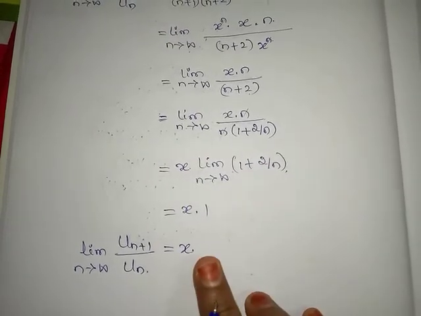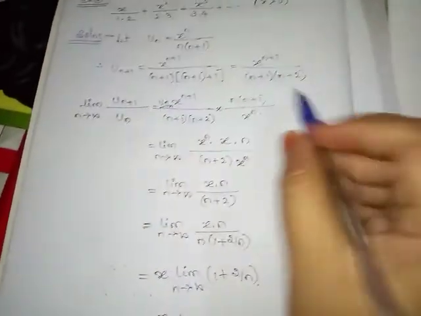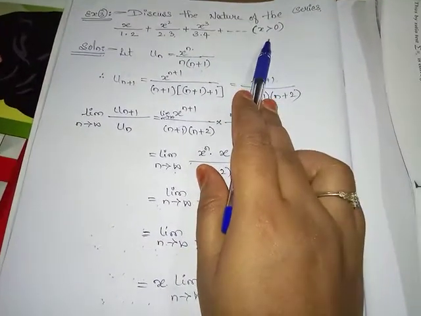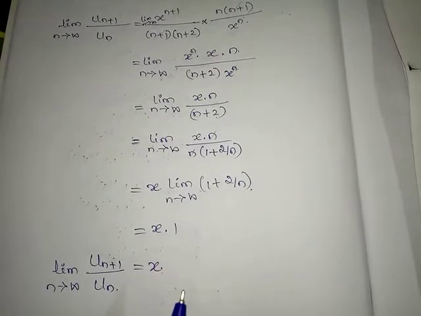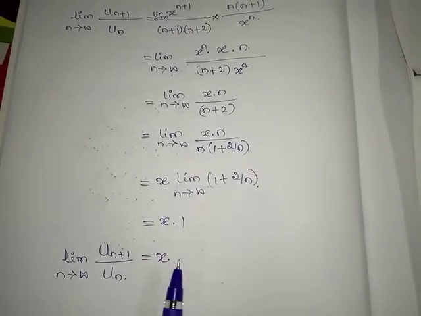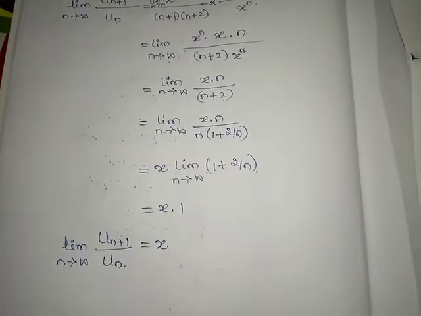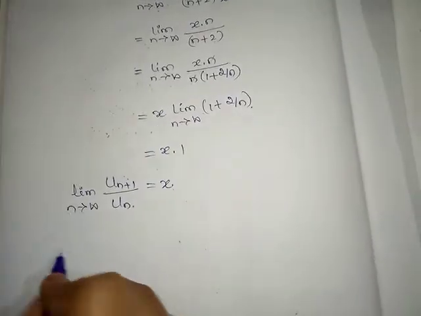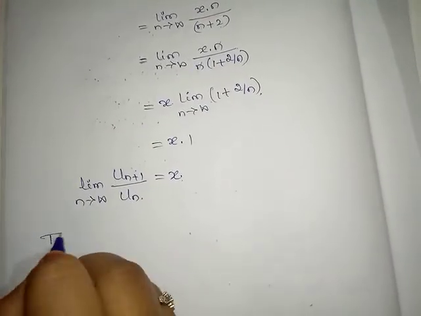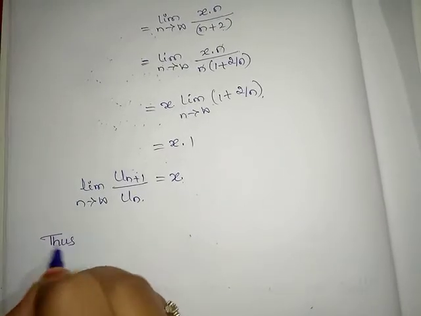Here they are given x is greater than 0, right? x is greater than 0, but we don't know whether this is less than 1, greater than 1 or equal to 1. So for this example our conclusion will be what? We have to write like this.